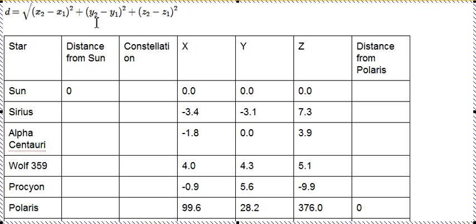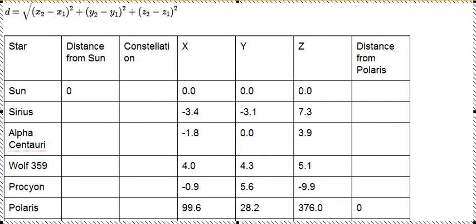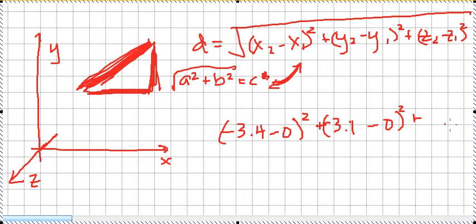For x2, y2, and z2, we need to choose a different point. The different point we would choose is maybe this point: negative 3.4, negative 3.1, and 7.3. So all you do is this: negative 3.4 for x2 minus 0, squared, plus negative 3.1 minus 0, squared, plus 7.3, and then square that.